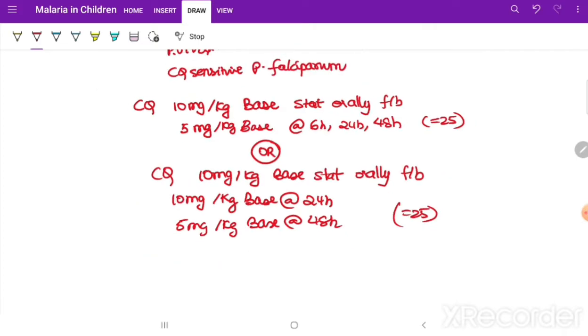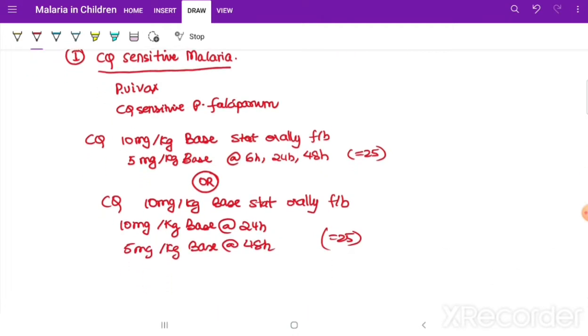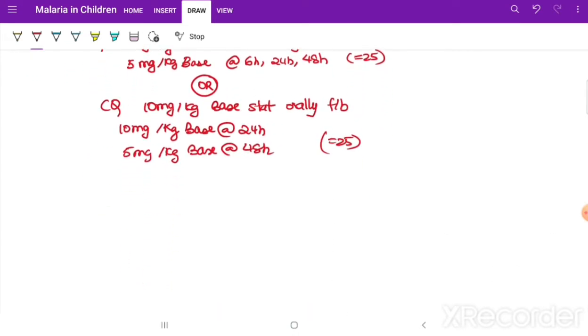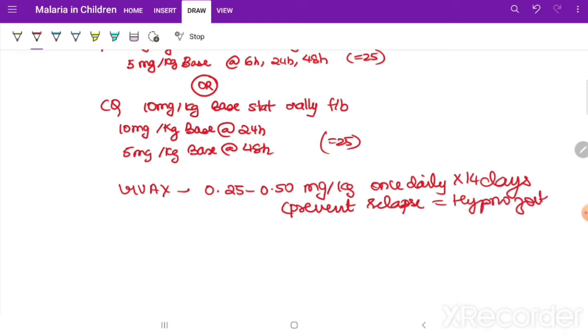So that is how you can give. Now along with this, in chloroquine sensitive malaria, what should we give? We should give definitely primaquine. So in Vivax, to prevent relapse, you will give 0.25 to 0.50 mg per kg once daily for 14 days. This will kill hypnozoites.